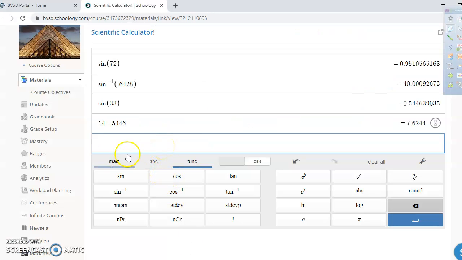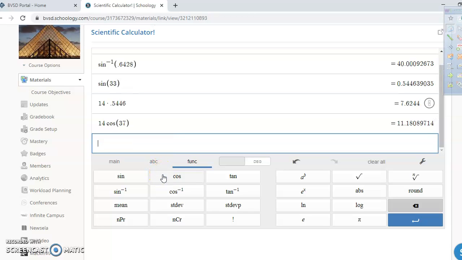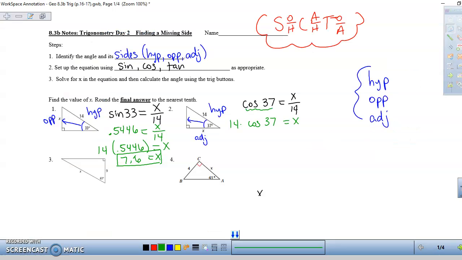I'm going to type in 14, and then cosine 37. So you can do it all in one big step, like that. Okay, and then here you'll notice you get 11.2. So that 8 in the second decimal spot tells me to round up to 2. So 11.2.